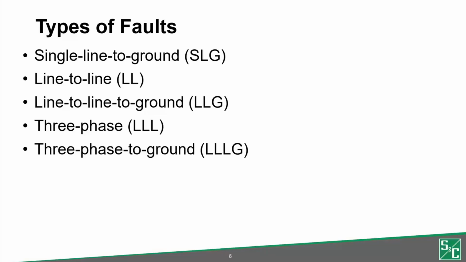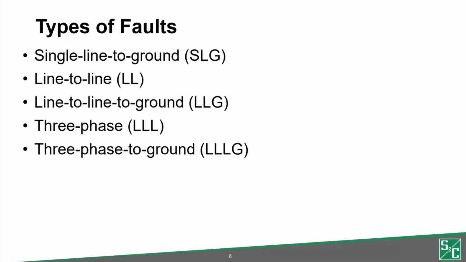There are different types of faults in any system, and each type of fault would result in differing current magnitudes, and we need to ensure that coordination covers all of these faults. Additionally, coordination is not just for bolted faults; we also need to ensure that coordination would cover arcing faults for any of these types of faults.